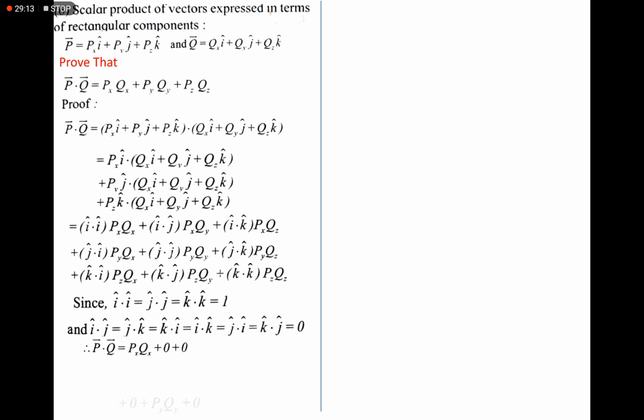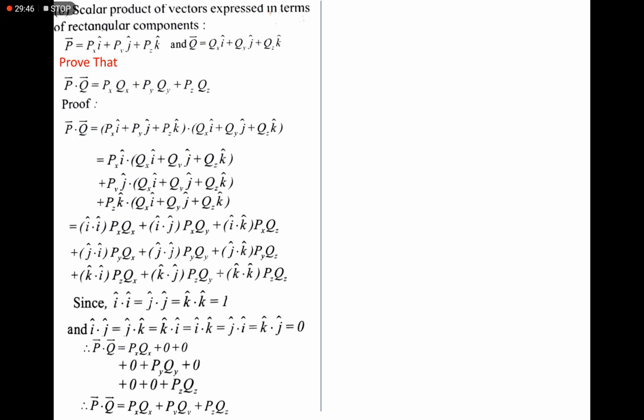Similarly, in the second line, py qy will be there, since j bar dot j bar is 1. All other terms will become 0, and then pz qz. So finally we write p bar dot q bar is px qx plus py qy plus pz qz. It is a very simple multiplication, and we have to keep it in mind.